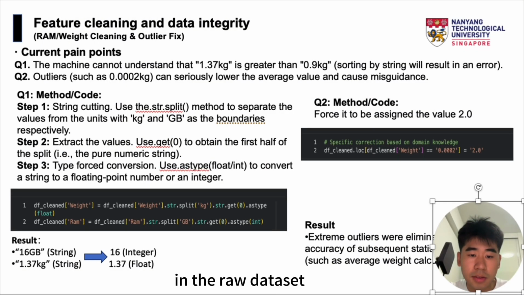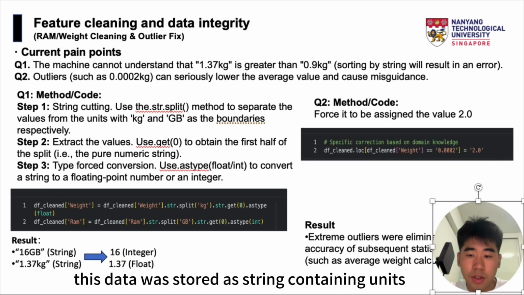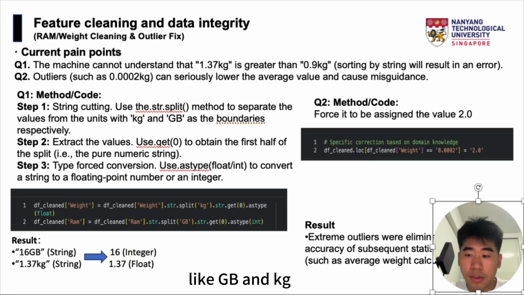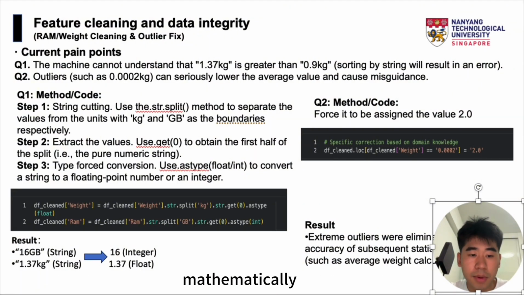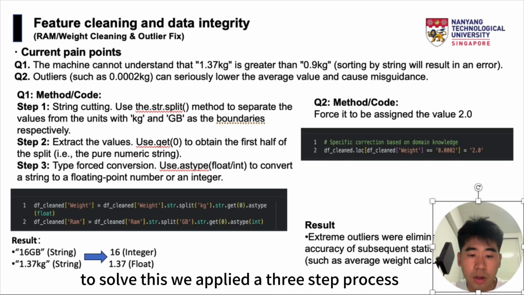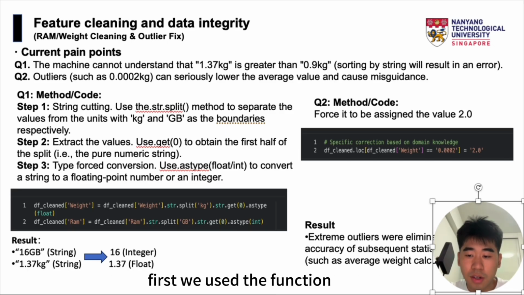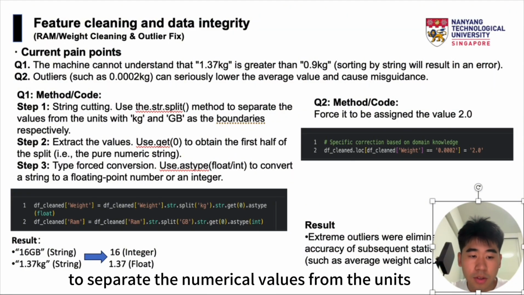In the raw dataset, this data was stored as strings containing units like GB and KG. This presents a problem because machine learning models cannot process text mathematically. To solve this, we applied a three-step process. First, we used the string split method to separate the numerical values from the units.